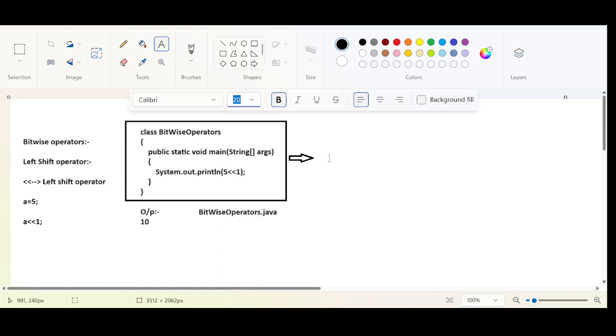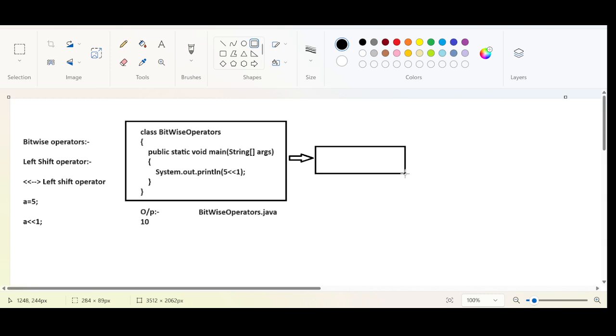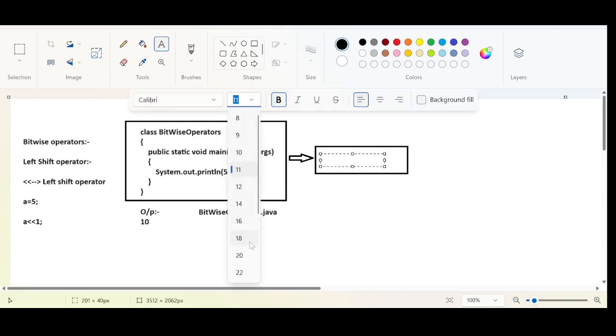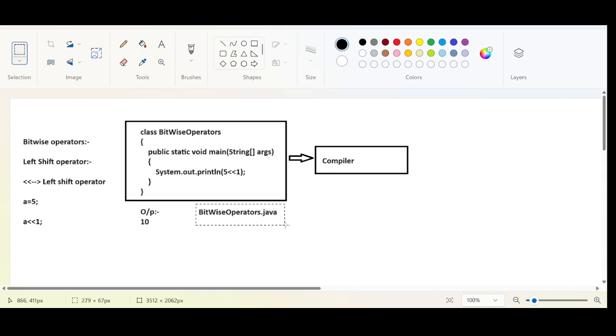So the compiler will come into picture to check. Its duty is to check if the source code has any errors or not. It will ensure that the source code is error free. Now this bitwise operators.java will be taken inside the compiler.